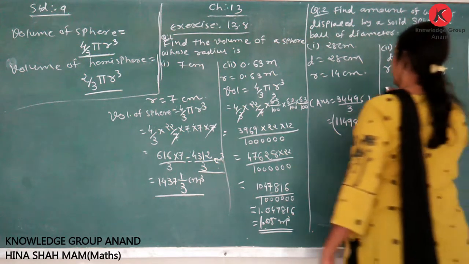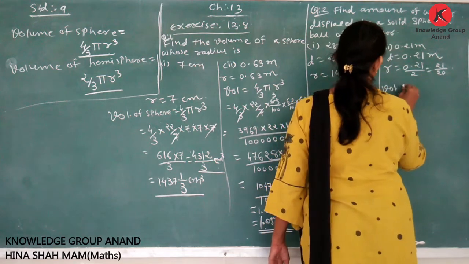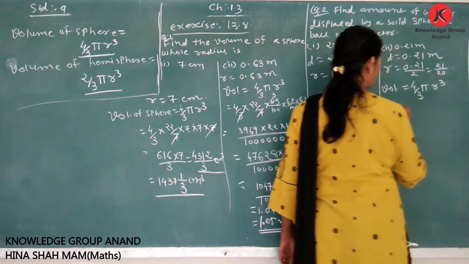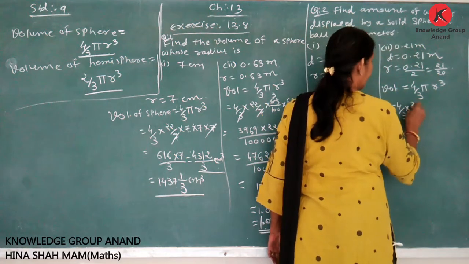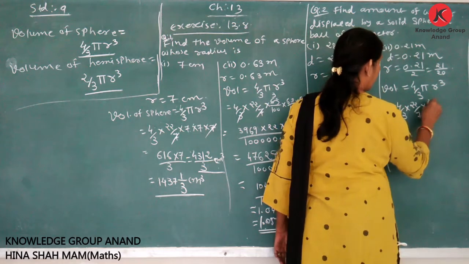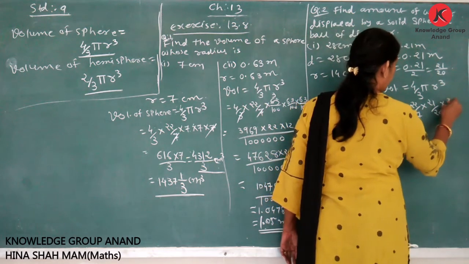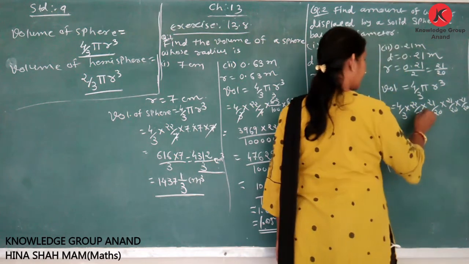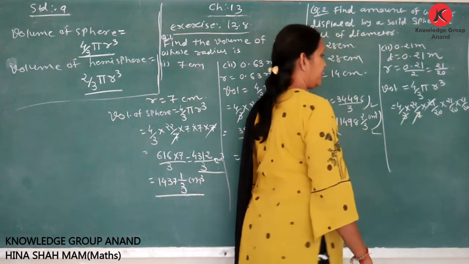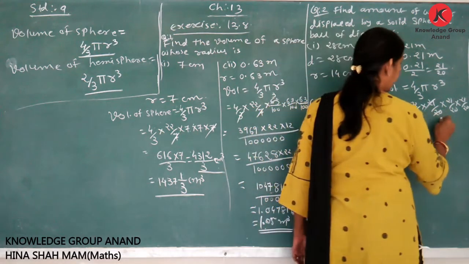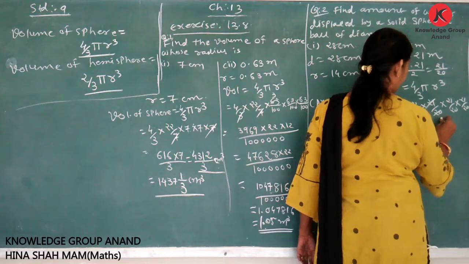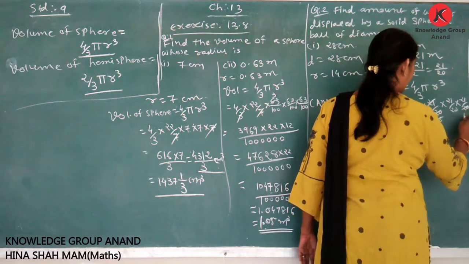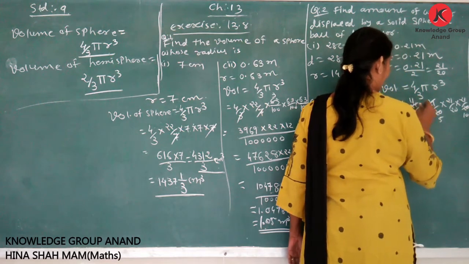Now, volume. Volume is equal to, what is the formula? 4 by 3 pi r cube. 4 by 3, 22 by 7. 7 3s are 21. 4 5s are 25 is 100 and 11 2s are 22.